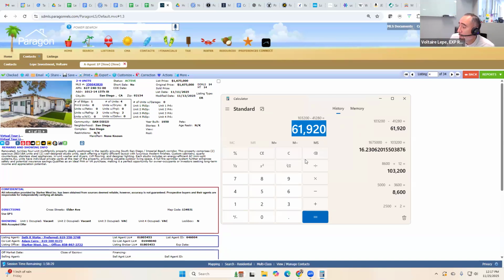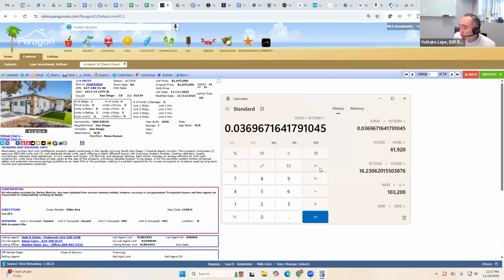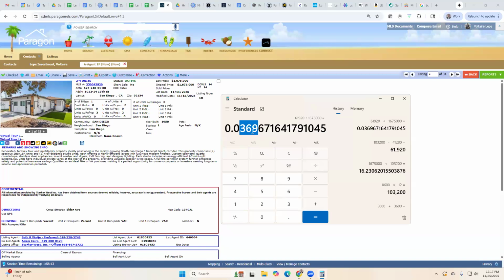That's how it works. Now I'm going to divide this number by the purchase price, and it's going to give me the cap rate. So I'm only going to earn 3.6% on my money, almost 3.7%. Do you see that, Memo? Yep. If I buy this, I'm going to earn 3.7% on $1.67 million. I can make more money investing it somewhere else, right?